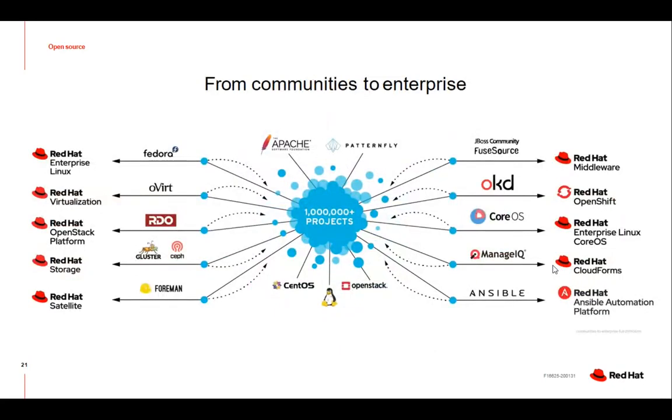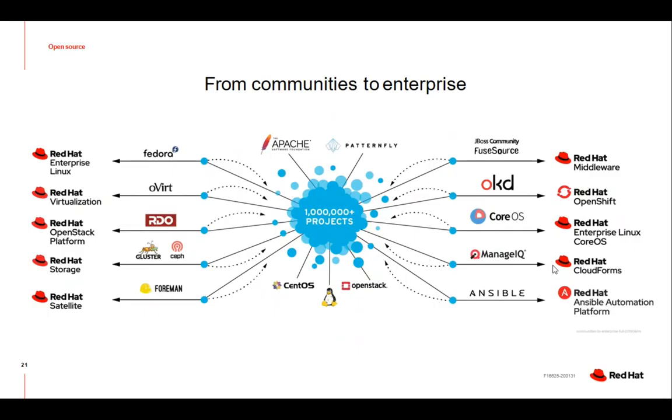Let's see examples of community projects turned into enterprise offerings, right? Starting with Linux, it was a Fedora operating system which was given to the community by Linus Torvalds, and it became Linux. Some of you wouldn't have been exposed to Red Hat virtualization.